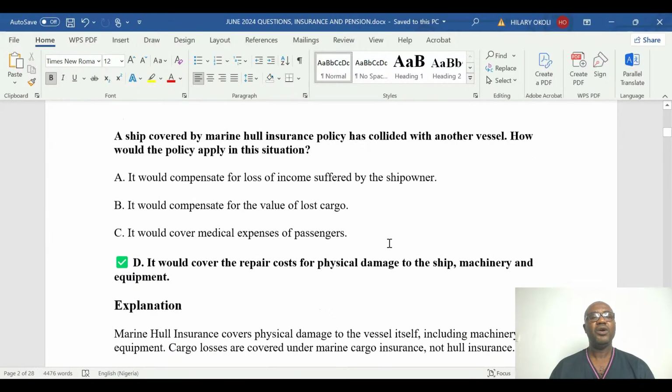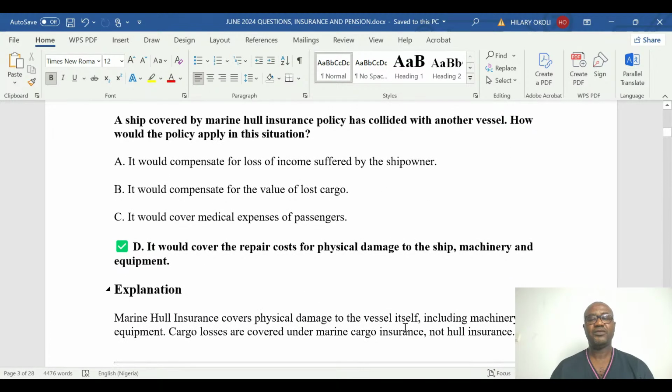So we go on to look at the next question. The next question talks about a ship covered by a marine hull insurance policy that has collided with another vessel. How will the policy apply in this situation?